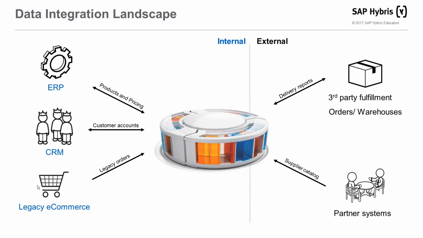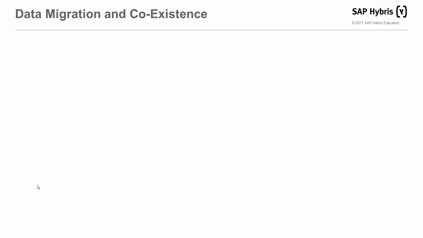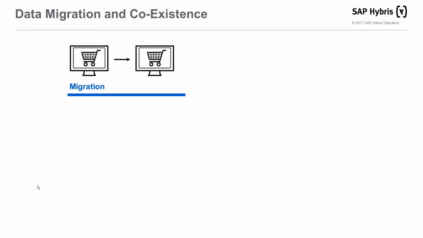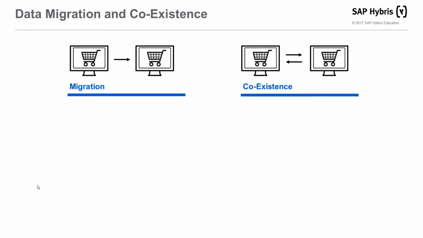Let's first take a look at the two main strategies for pushing data into the Commerce Suite. In general, there are two strategies you can use whenever you want to push data into SAP Hybris Commerce from ERP, CRM, or legacy systems. They are migration and coexistence.